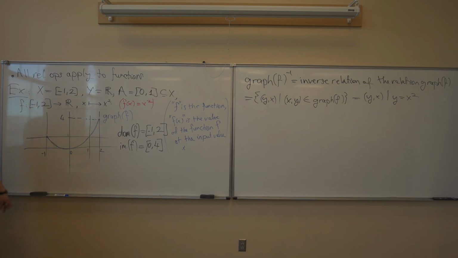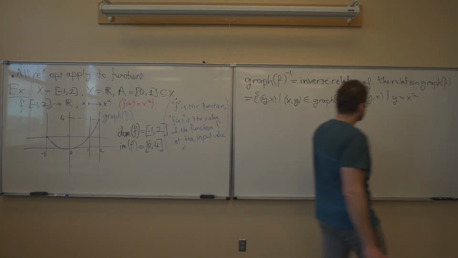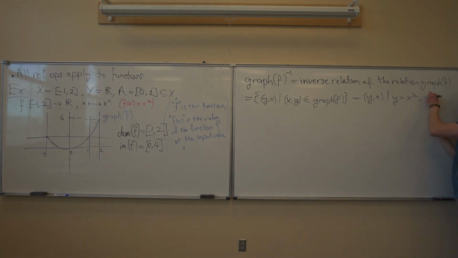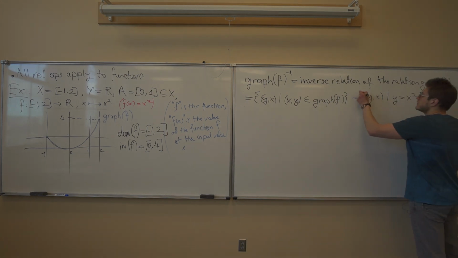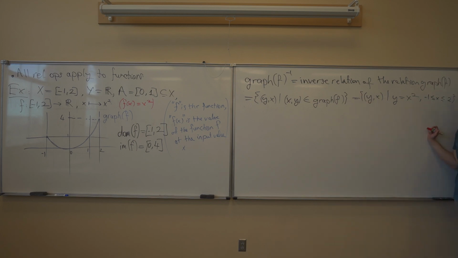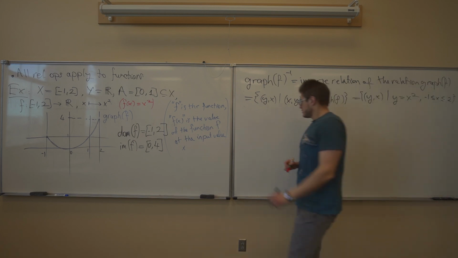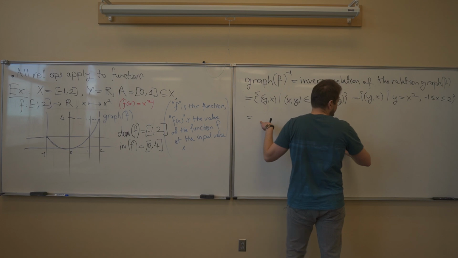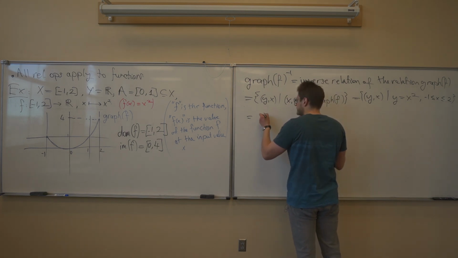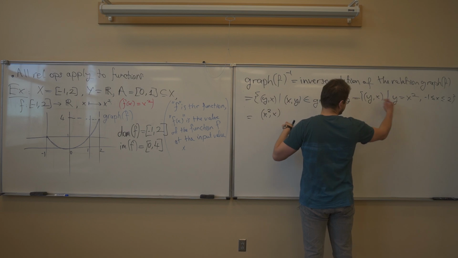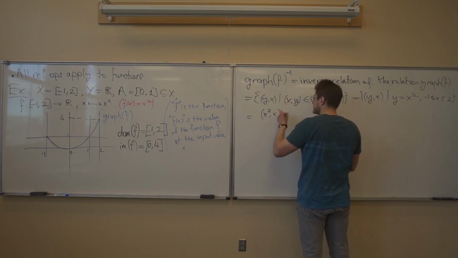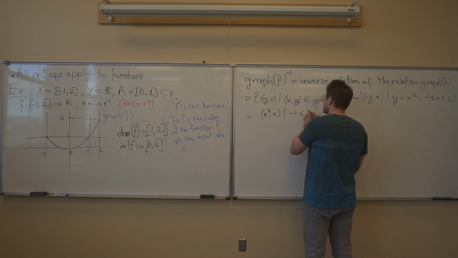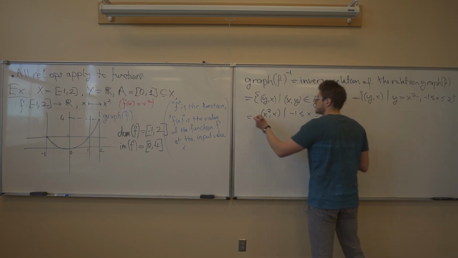The x values can be only between -1 and 2. And again, perhaps even consolidating further, I can write it like this: x squared comma x. I just substituted here, such that this happens.